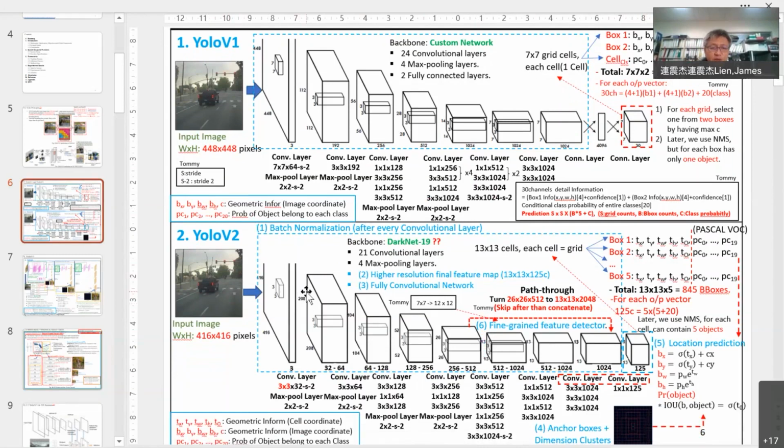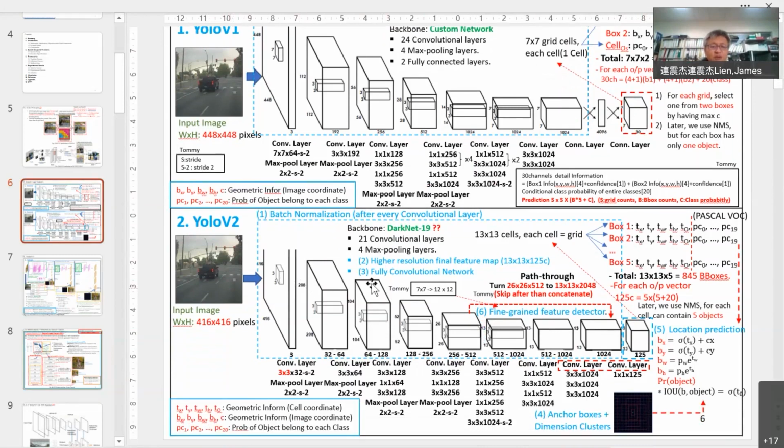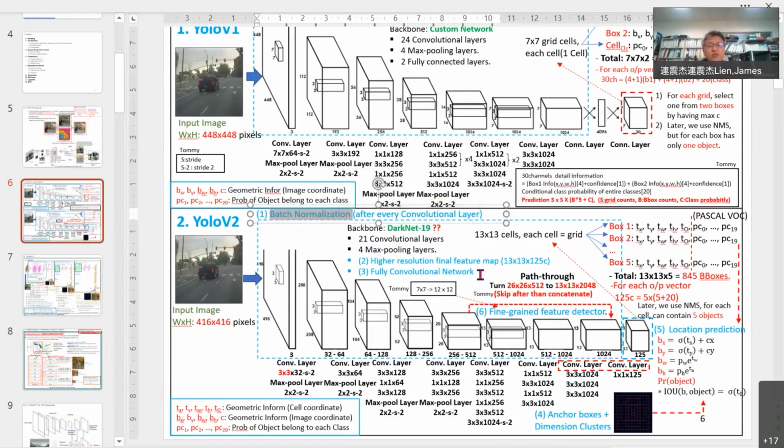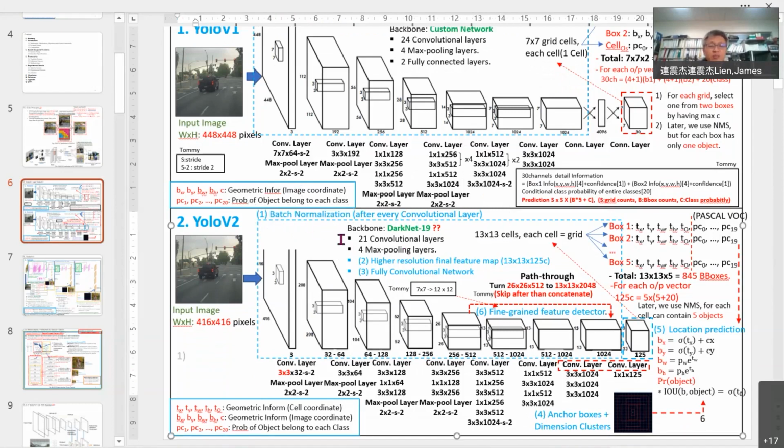what's the difference between YOLO V2 and YOLO V1? First of all, for each convolution, they include batch normalization. So they improve YOLO V1 with batch normalization after each convolution. Currently, for each convolution, we usually do convolution, batch normalization, and then an activation function as one small module.